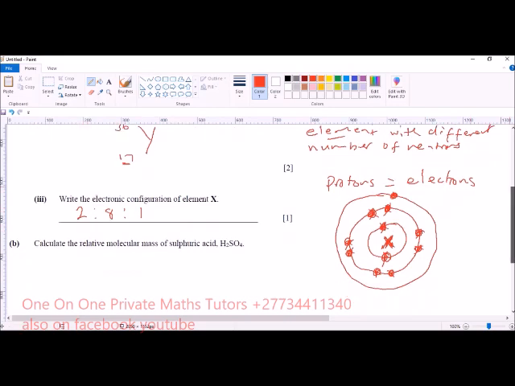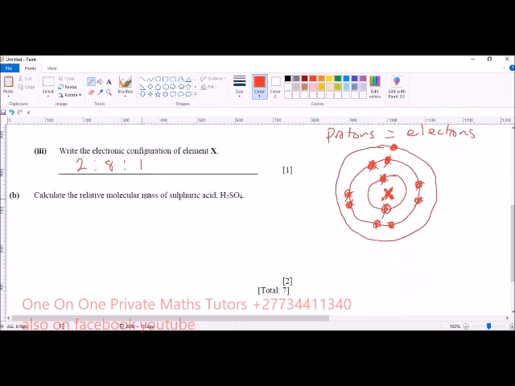Okay. Calculate the relative molecular mass of sulfuric acid. Now let's look at this formula. We have 2 hydrogens, H2, 1 sulfur, and 4 oxygen.